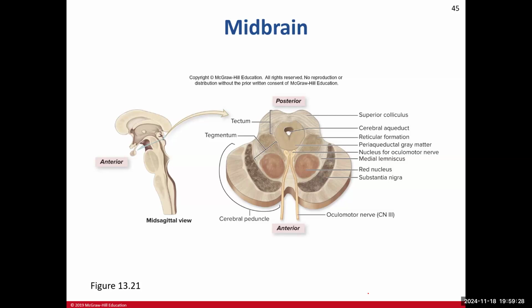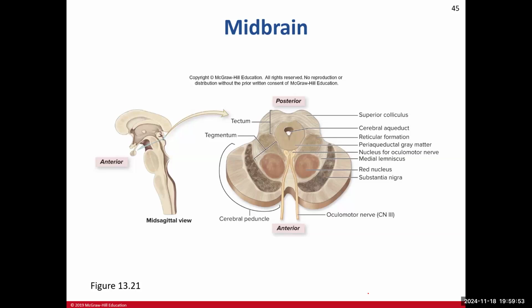Then you can see the nuclei for the oculomotor nerve, and we'll talk a little bit more about it when we get into chapter 14, but you can see the medial lemniscus. It's this white region here, right next to the substantia nigra, and it's white because it's myelinated, okay? Cerebral aqueduct, some other areas here too.